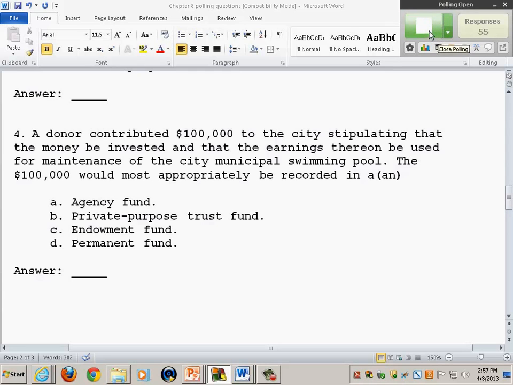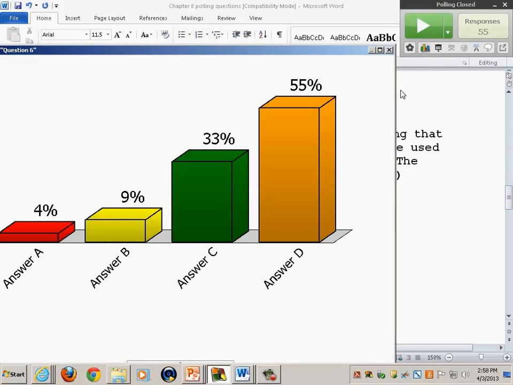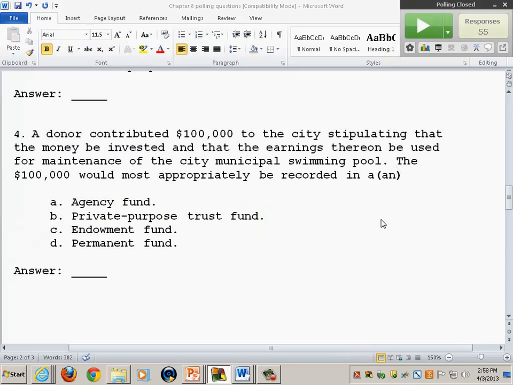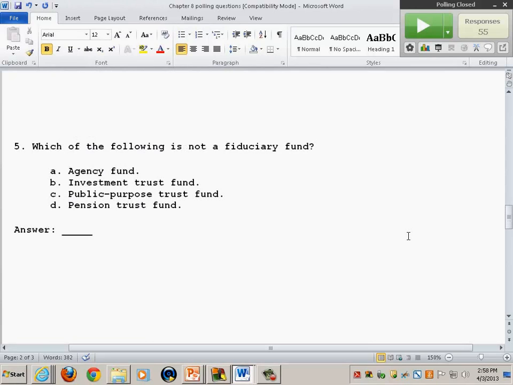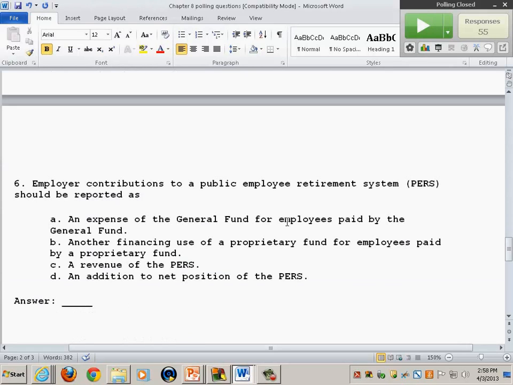All right. Well, excellent. Actually, it is permanent fund. Everybody see why it is? All right. That's too easy. This one's too easy. We won't do this one. Everybody know the answer to that, right? Okay, we won't do that.